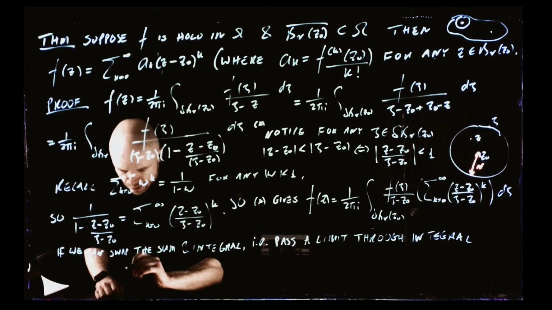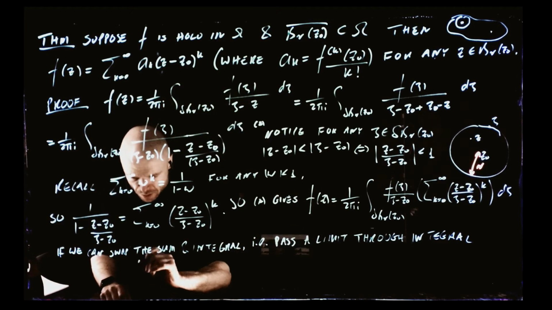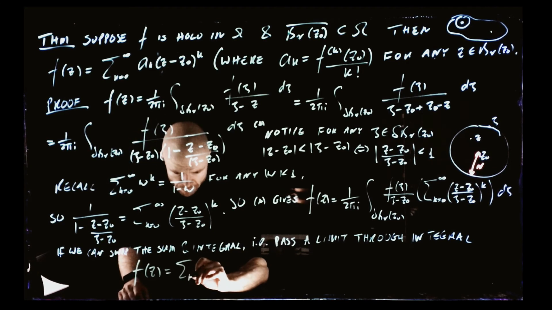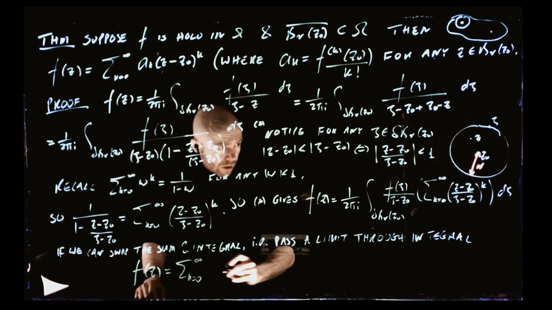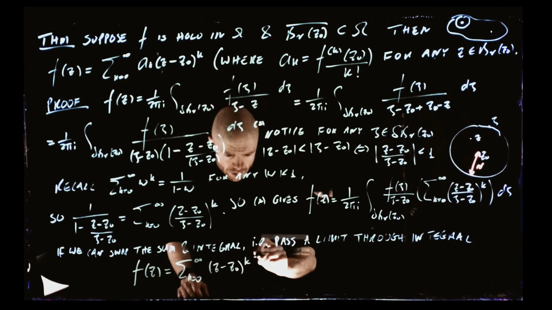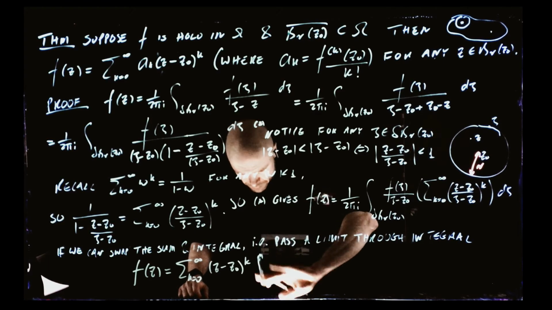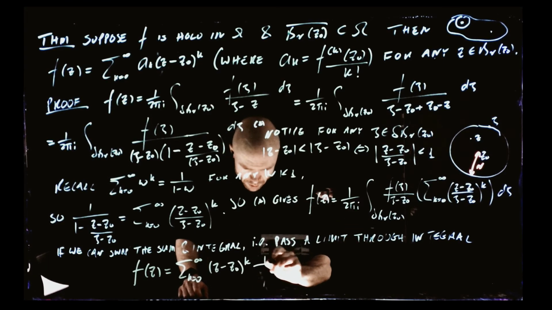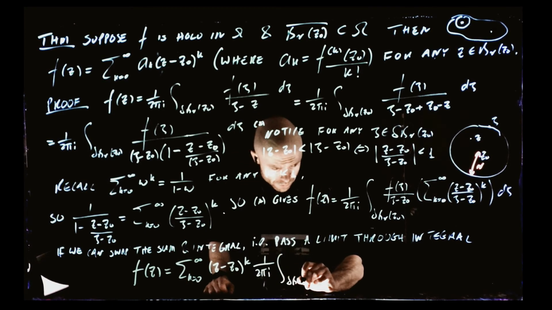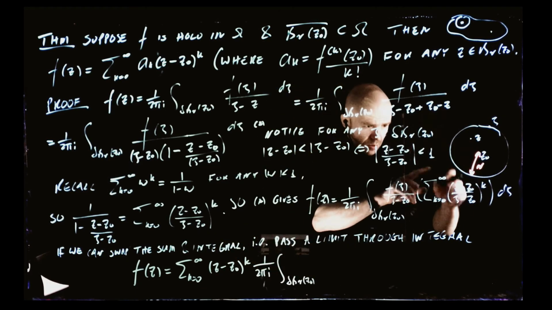Then we would have that f of z would be the sum from k equals 0 to infinity of z minus z0 to the k, and then we'd have the integral, let's put the 1 over 2 pi i over here, 1 over 2 pi i, the integral around the boundary of the ball of all of this stuff.